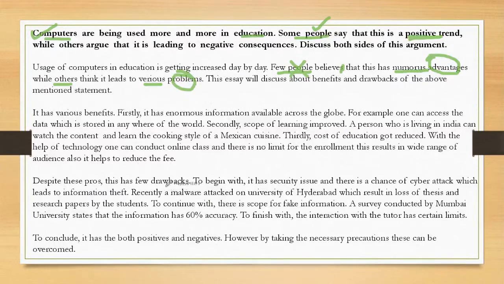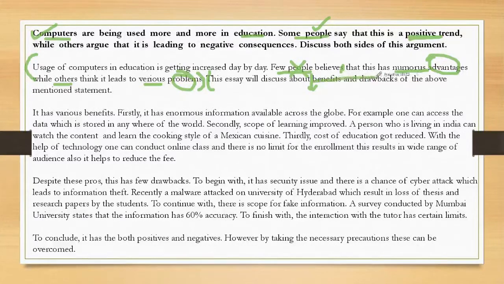Okay. All right. Then comes the outline sentence. From here till here was your paraphrasing. Then we come to the outline sentence. This essay will discuss both the benefits and drawbacks of the above-mentioned statement, or you can say that this essay will discuss both the perspectives.